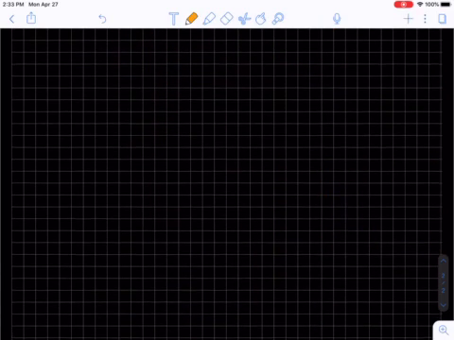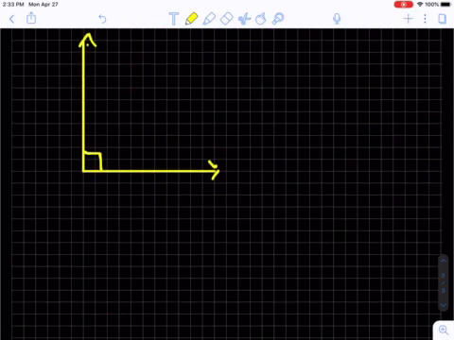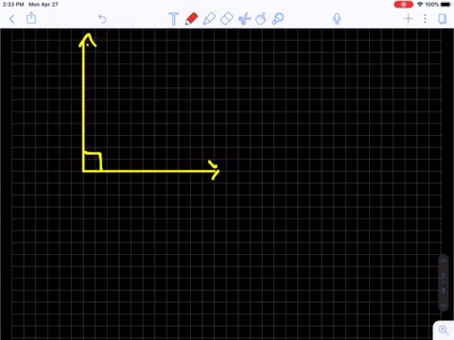All right. So supposing I have my right angle, and if I know it's a right angle, and I don't know if I did this on the other one. Yeah, I was missing something really important there. So on this one, I have my right angle, and supposing I've got an angle, I'm going to do a different color here, right here that goes out like that.